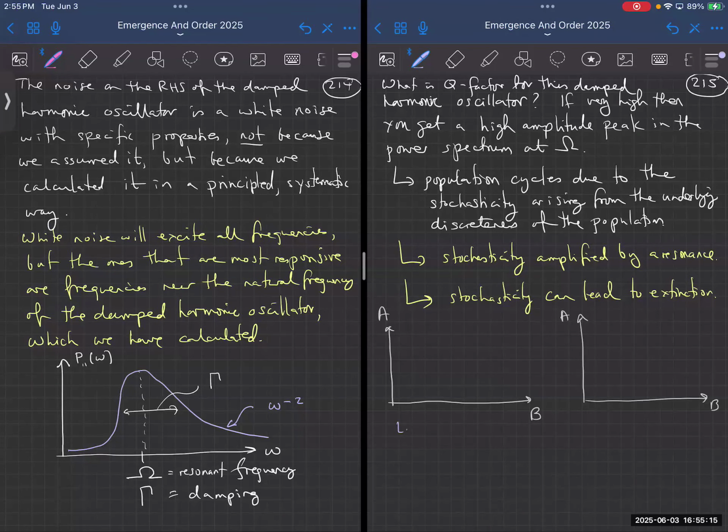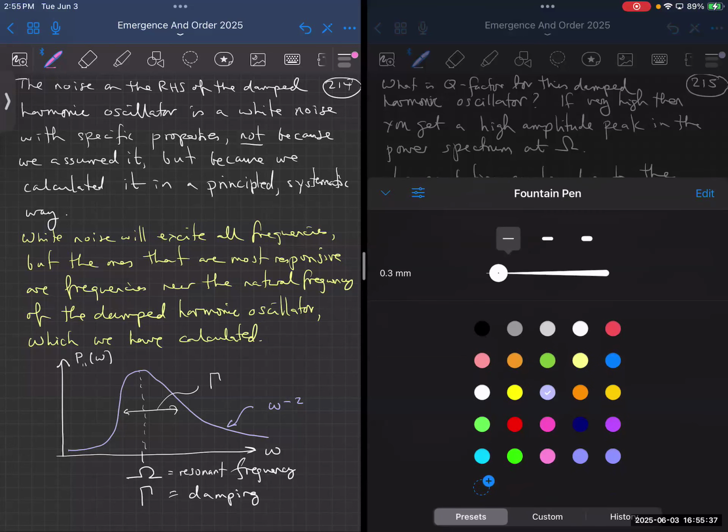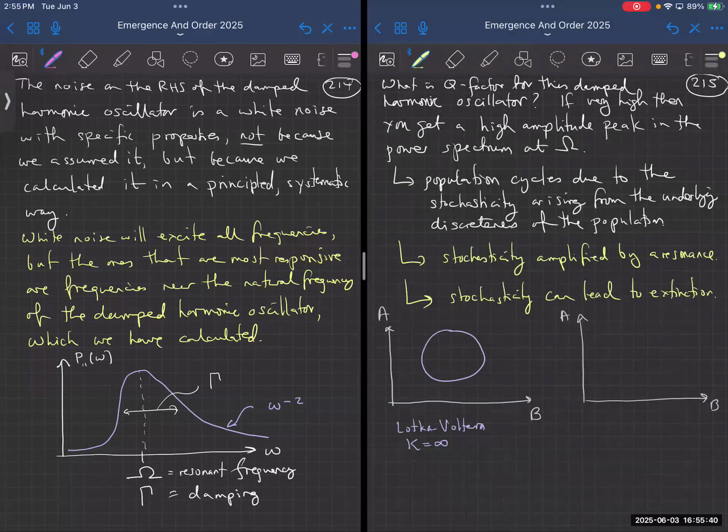I want to draw what happens when I have the Lotka-Volterra equations when the carrying capacity is equal to infinity. So what we would expect classically is that we would have a center, something like that. So that's the deterministic solution. If I then compute the stochastic solution, it's going to be doing something like this. But now the stochasticity will actually violate the conserved quantity that gives rise to the centers that we talked about last time.